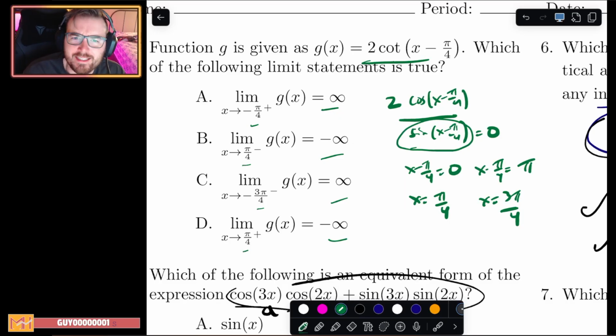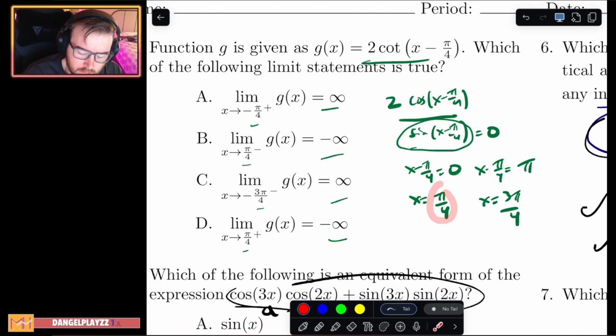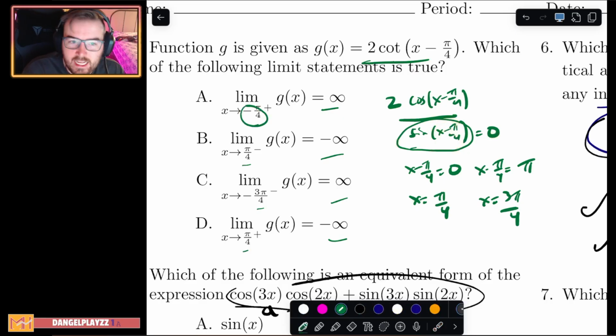But there's also this negative pi over 4 situation as well. But if you were to plug in negative pi over 4, you would get negative pi over 4 minus pi over 4, which would give you negative pi over 2. Sine of negative pi over 2 is not 0. So this x value isn't even giving me a vertical asymptote.